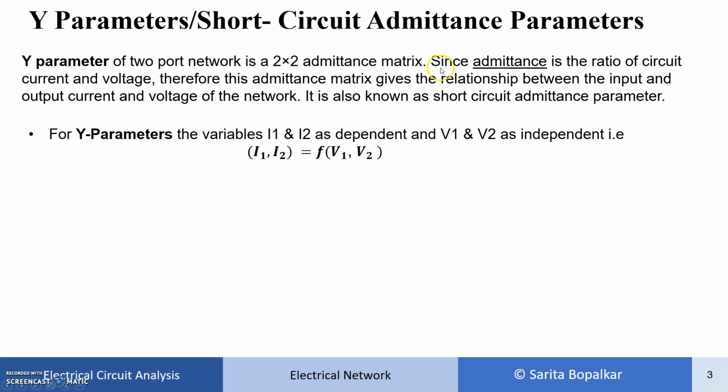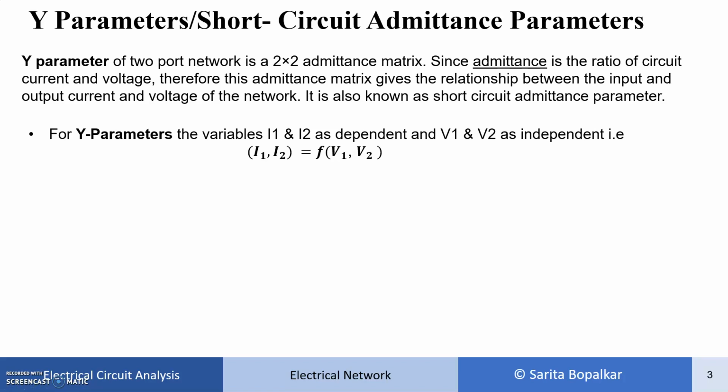Since we say admittance, it is a ratio of current and voltage. When it is impedance, it is the ratio of voltage and current. And when it is admittance, it is the ratio of current and voltage. We all know that. Therefore, this admittance matrix gives the relation between input and output current and voltage of a network. It is also known as a short circuit admittance parameter.